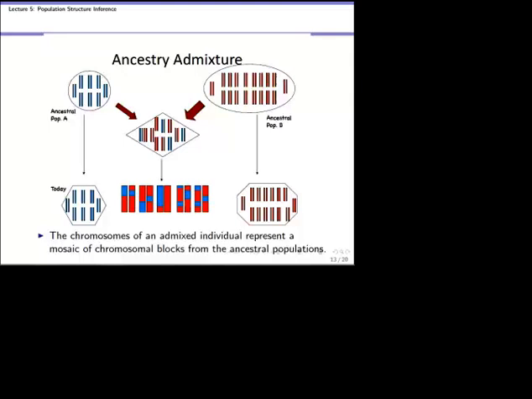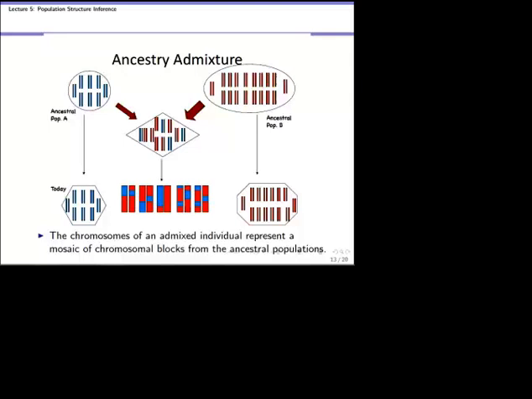So there's been some active research on whether you can infer how many generations since the admixture event, when these two separated genomes came together and started mixing, based upon the current generation and how many switches that admixed individual has on the chromosome.